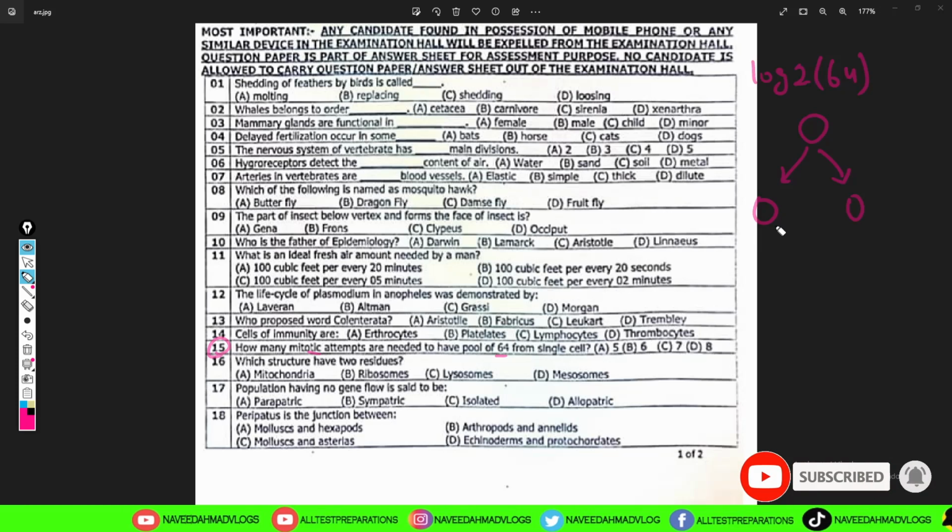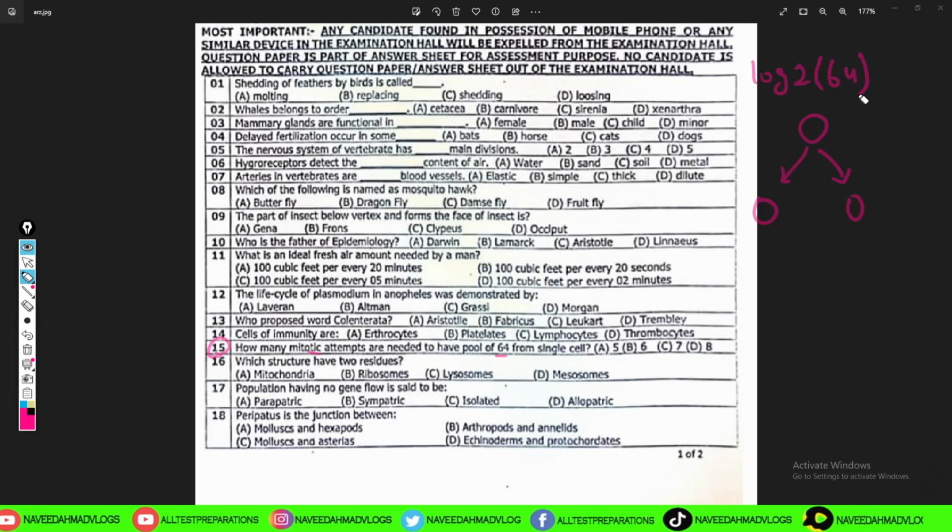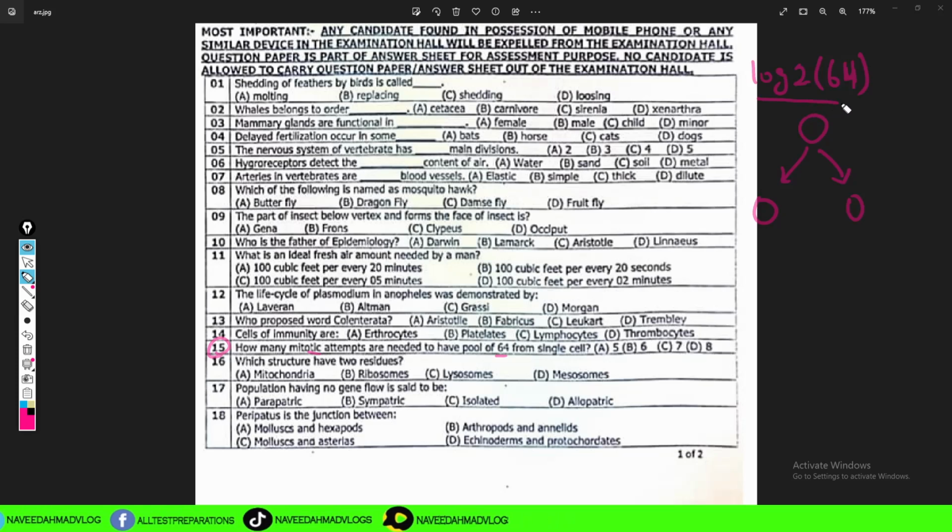So if we want to find out 64 cells from a single cell, then we have the formula: log base 2 of 64 is equal to 6. So in 6 mitotic divisions, we have a pool of 64 from a single cell. So option B is the correct option in question number 15.